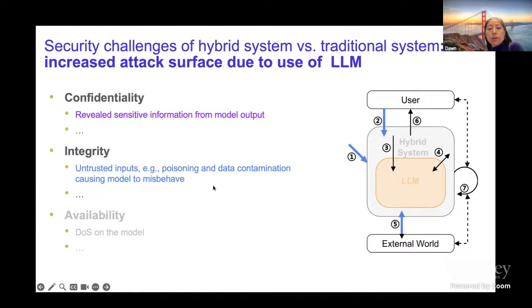For example, through poisoning, data contamination, or supply chain attacks, the model itself may be poisoned or contain trojans, and so on. And then finally, there can be various denial of service attacks on the model itself as well, impacting availability of the overall system.